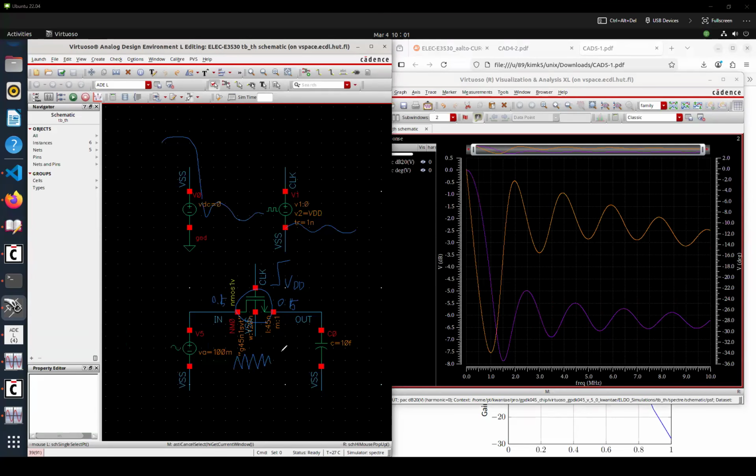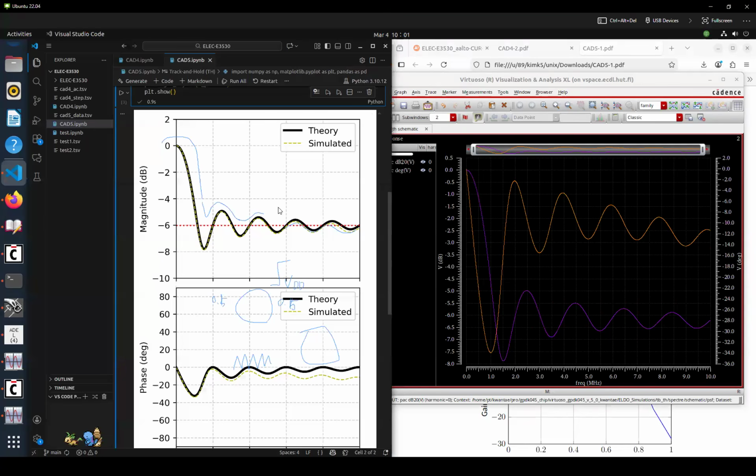Even if the switch is on, there is a finite resistance within the transistor. With this resistance and the capacitance, it forms a kind of parasitic low-pass filter. So that is the reason why we are losing magnitude response as we go to higher frequency. Then it is deviating from the theory, and there is a phase shift.